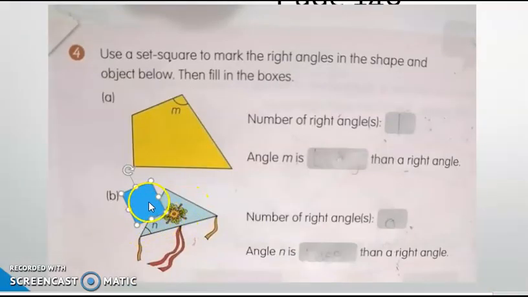As you can see, there is no straight line, and angle M we have to measure. Take this paper and rotate it, because we have to make one side parallel, and this angle is coming inside. This line is not coming here. So it means less than a right angle.